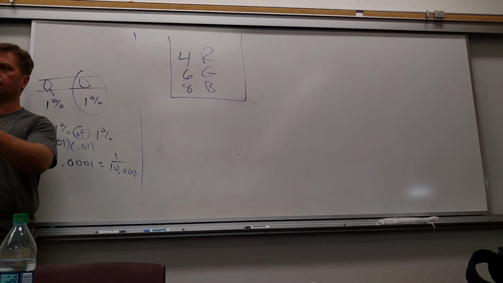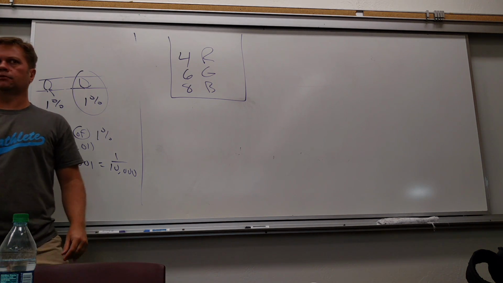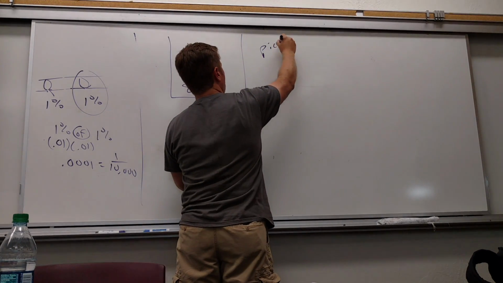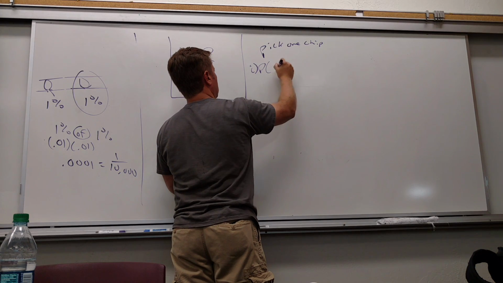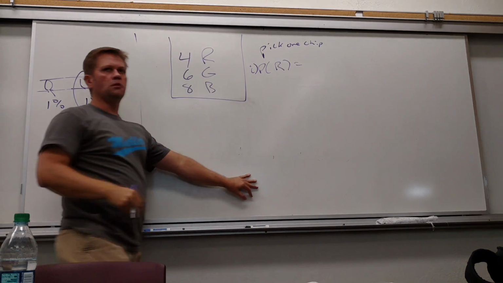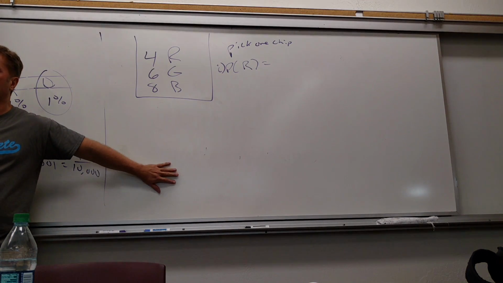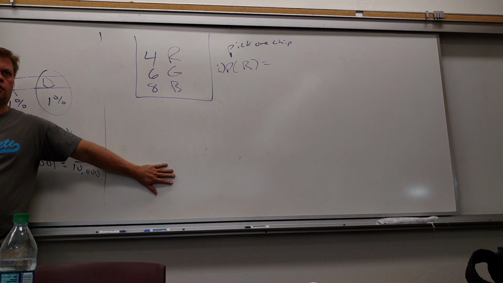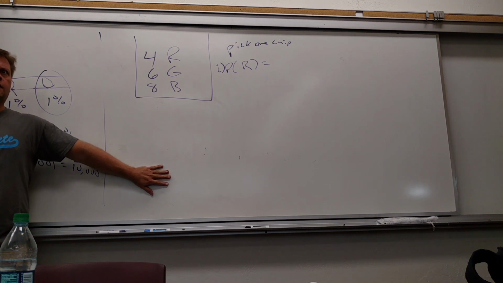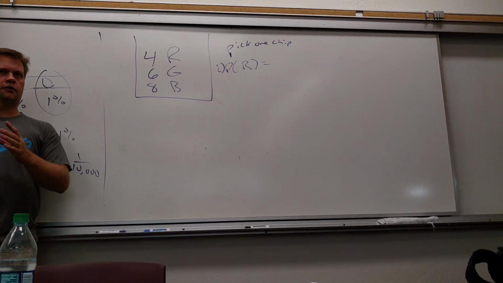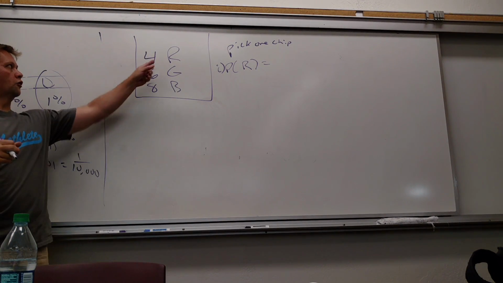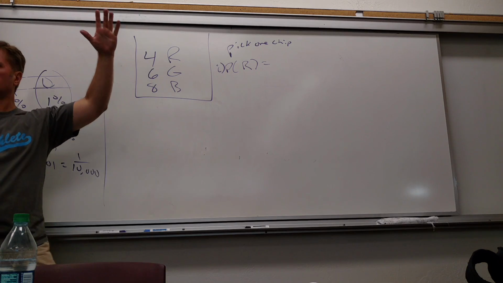I'm going to reach in. If I only pick one chip, what's the probability that it's red? Make sure everybody's on board with me with the idea. 1? It can't be 1. That's a 100% chance. That means I'm only going to ever get red. 4 out of 18.